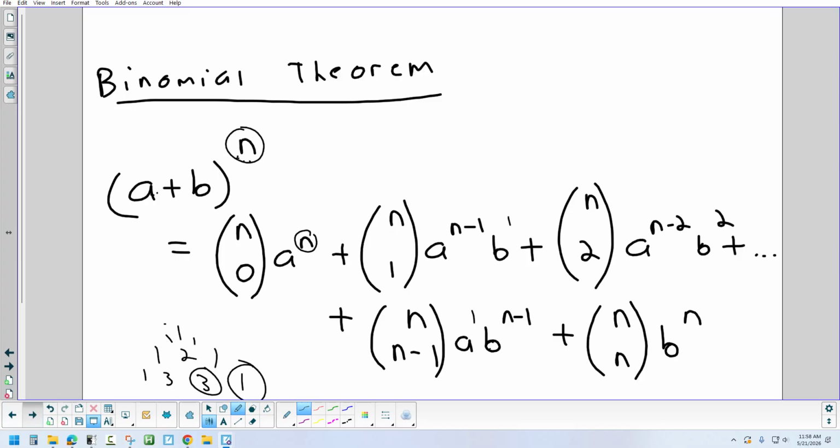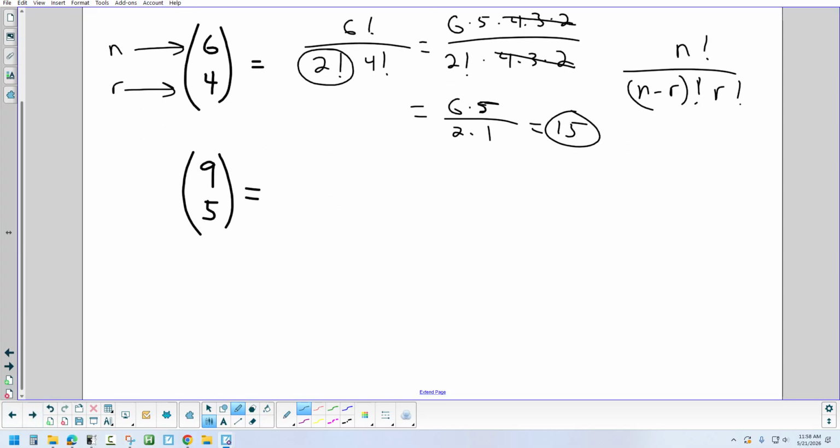Let's try this one. 9 choose 5. So 9 factorial. And then in the bottom, what are we going to have there? Yep. 4 factorial times 5 factorial.